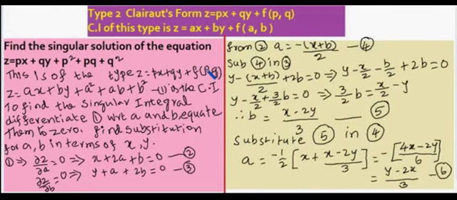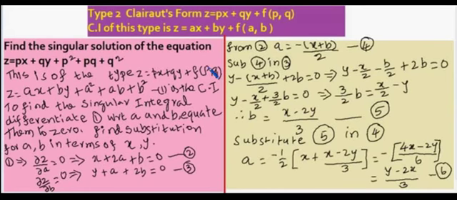To find the singular integral, you have to differentiate equation 1 with respect to a and b and equate them to 0. Finally, you can arrive at the singular integral.